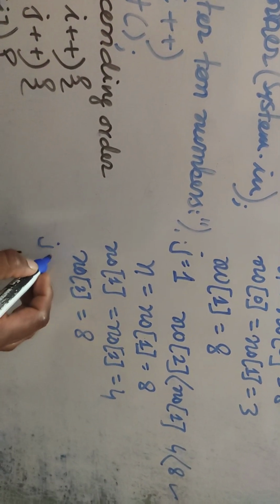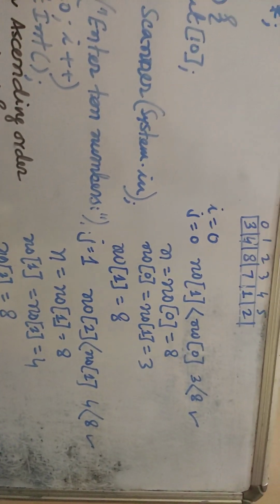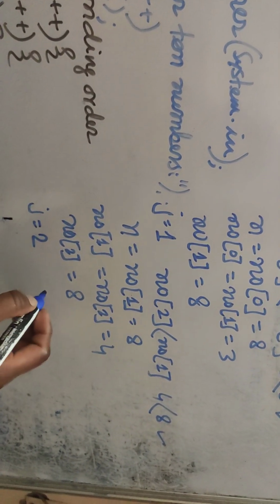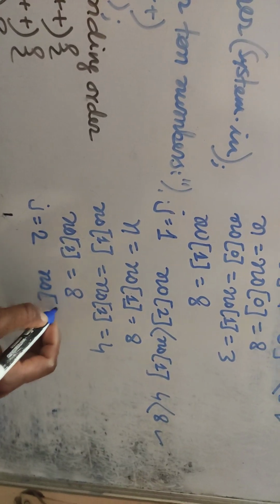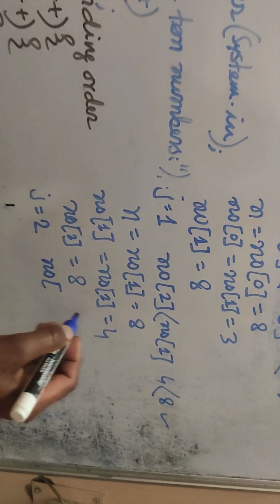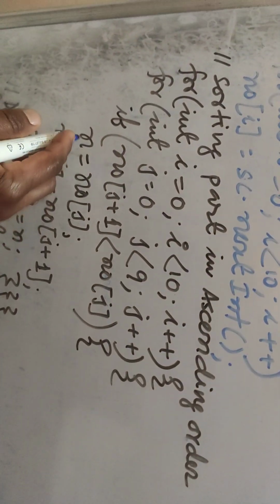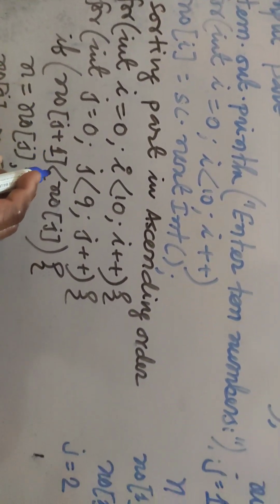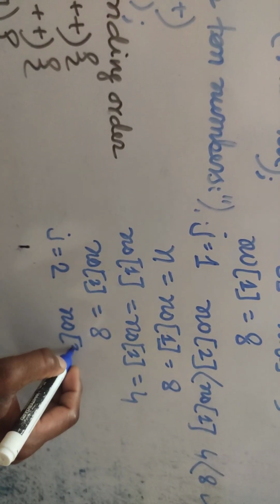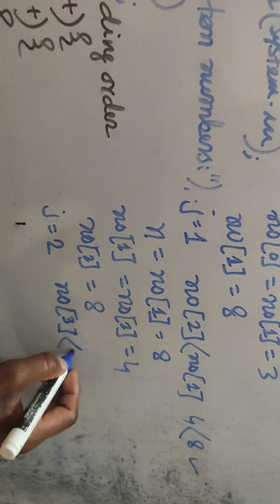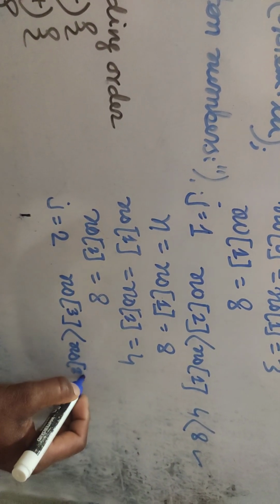Now j equal to 2. Okay, j equal to 2. So j plus 1, 2 plus 1 is 3. Number of 3 less than number of 2.